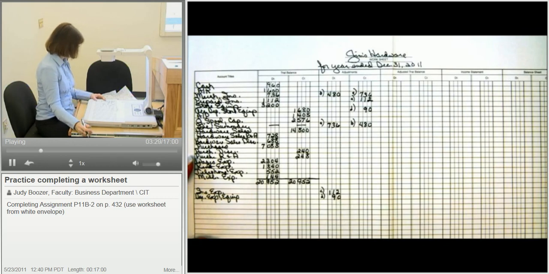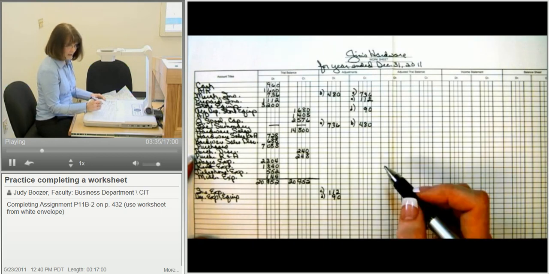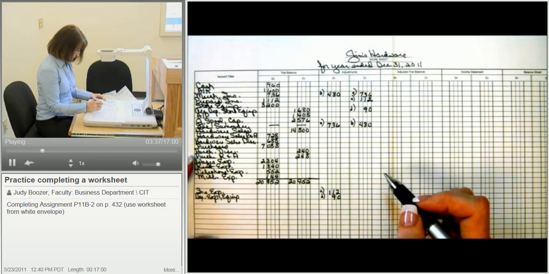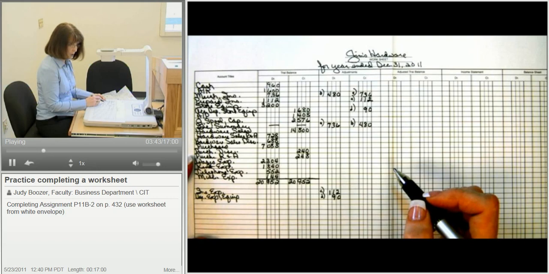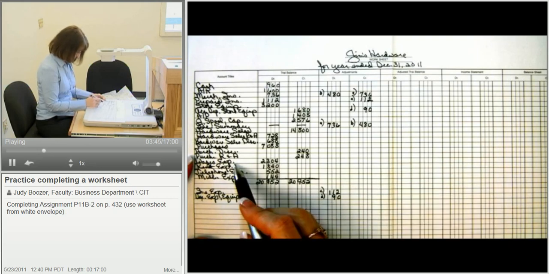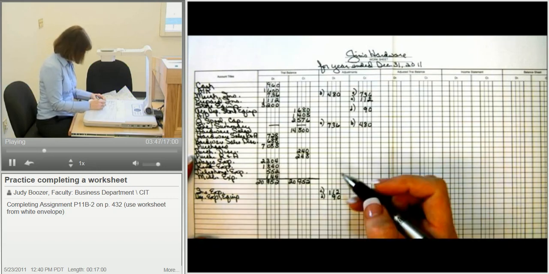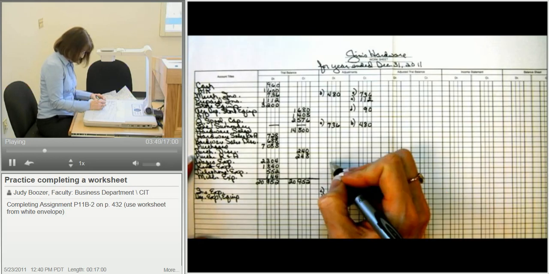Last one, accrued wages of 150. Accrued means earned. So therefore, what is the debit for this one? Do we have a wages expense up here? You always look first here. Yes, we do. And how much is it? 150.